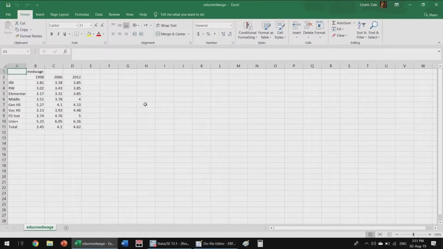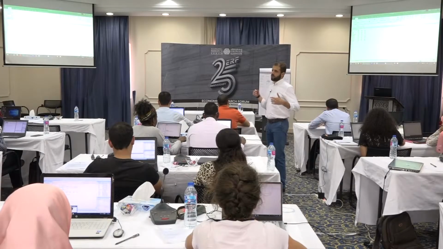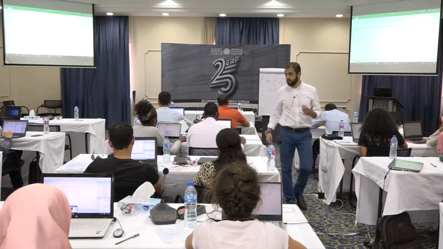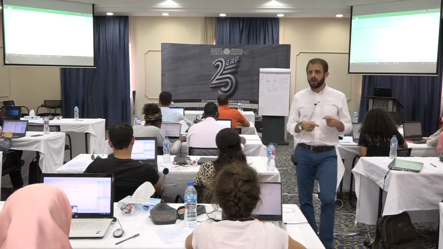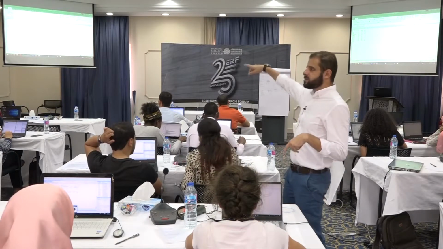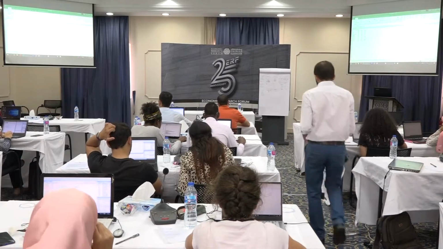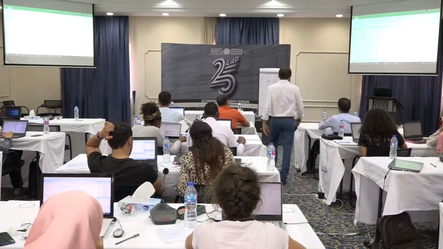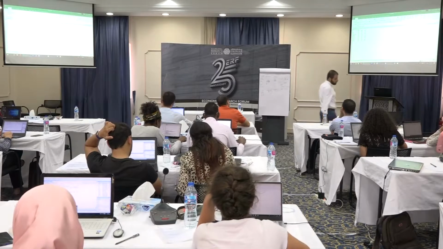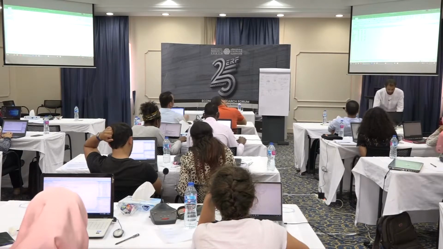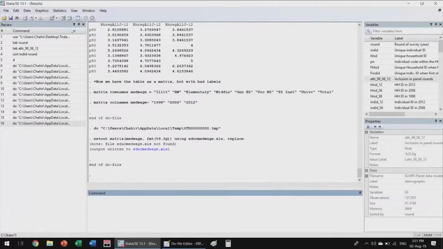Okay? So why am I doing this? Because afterwards, whenever I change the variable, it will be much easier instead of repeating the whole procedure, and every time extracting the table, rewriting the labels, adding the years. So this is why sometimes these commands are much less time consuming than doing everything manually. Okay?